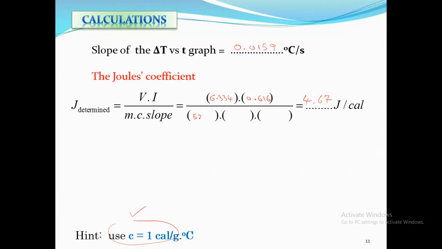Okay. And C how much? 1. And slope 0.0159. Okay. Right.